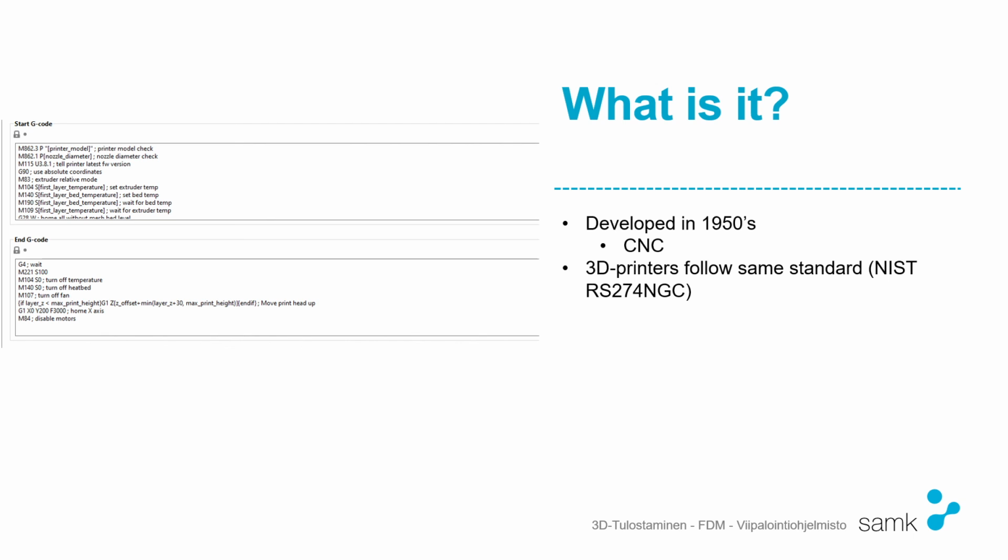It does have some extra in it, so the 3D printer GCode has commands for bed heating, extrusion, heating the extruder or the nozzle itself, and stuff like that. The GCode's mission is to tell the machine to work in the 3D dimensional space. It can also be used for giving orders to start extruding or heating the nozzle or heating the build plate.